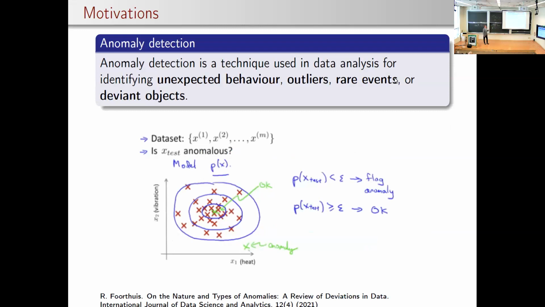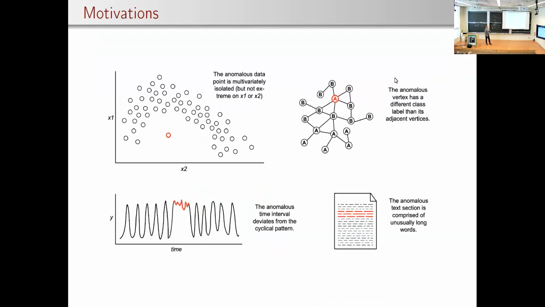From a statistical point of view, if we have a data set, we can produce a distribution, and this distribution can tell us whether some element is an outlier or not: whether there is a high probability that it was generated from our distribution, or a low probability. This is the pure statistical point of view. But of course, we can use this thinking on other kinds of data and situations.